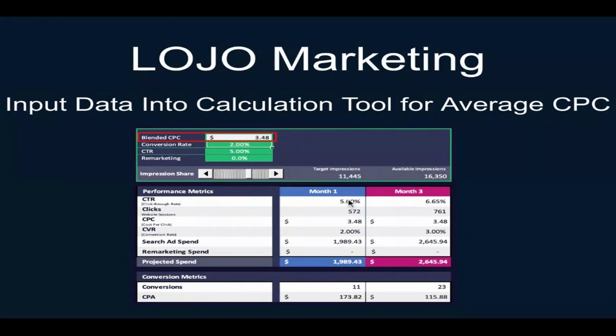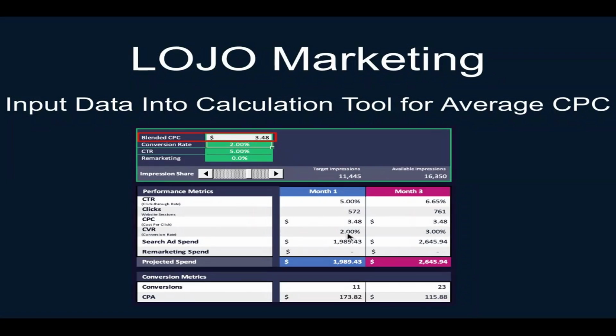And if we have a click-through rate of 5%, that means that 572 clicks would be expected within a given month. The average cost for each click is around the $3.50 range. And then that equals an ad budget of about $2,000 if we're rounding.